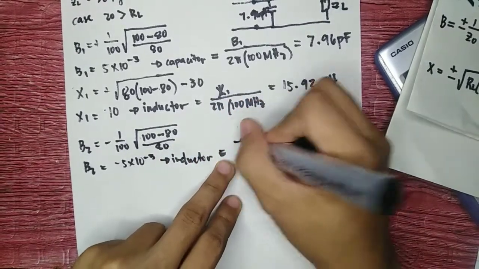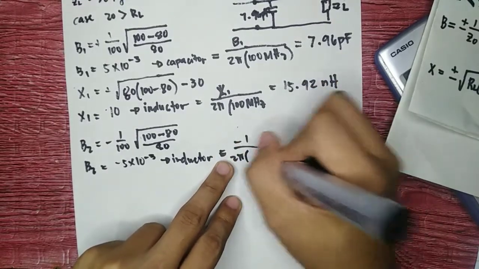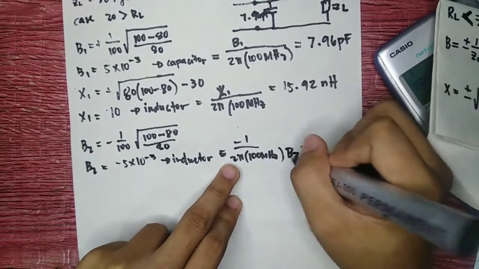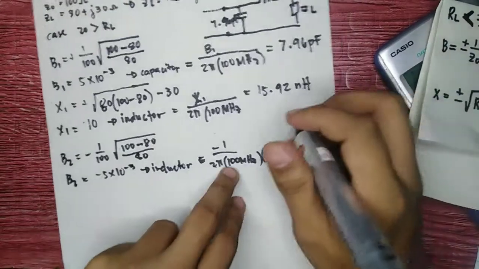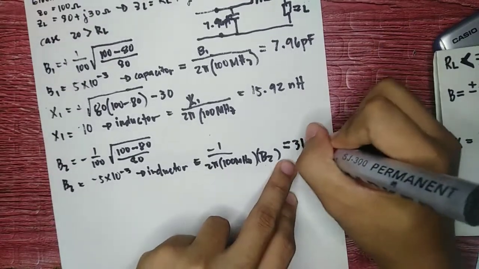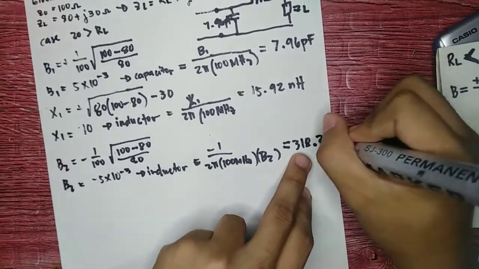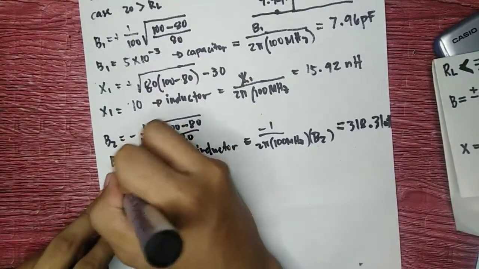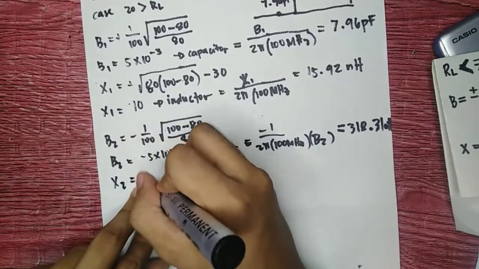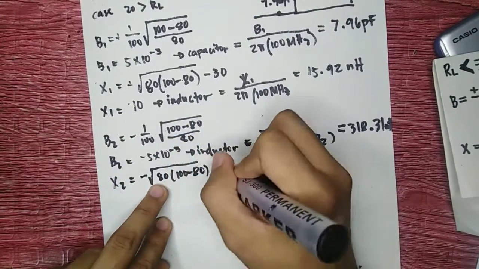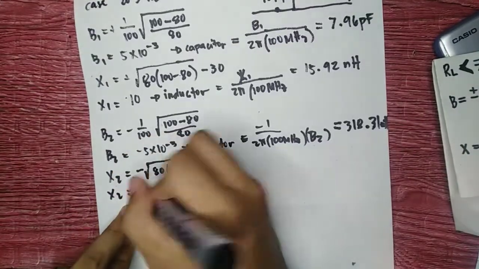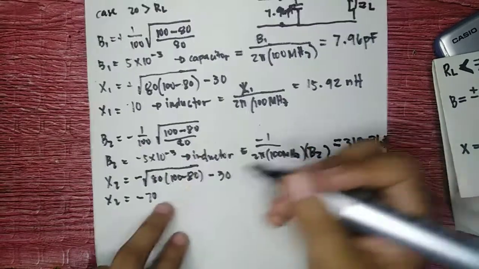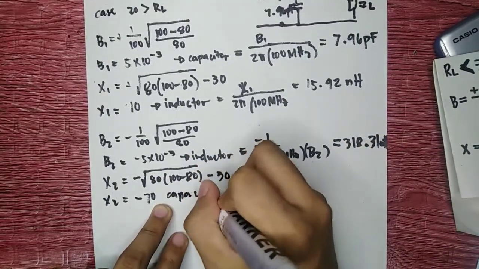Our formula for the inductor is negative 1 over 2 pi times 100 megahertz times B2, which is 3.18 nanohenry. And for X2, we have the negative square root of 80 times (100 minus 80), minus 30. So our X2 will be negative 70. So this will be our capacitor.